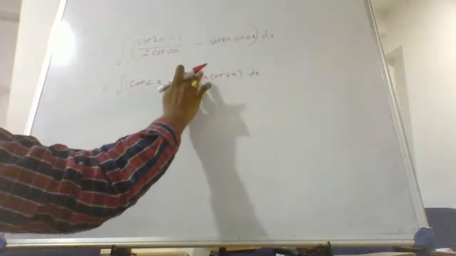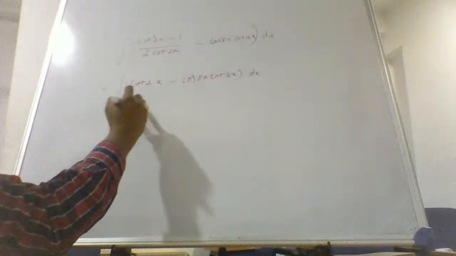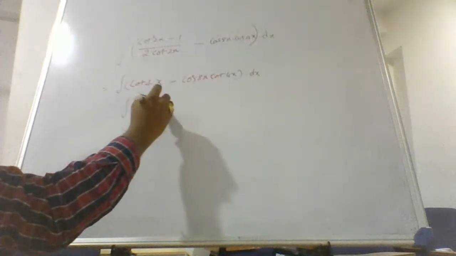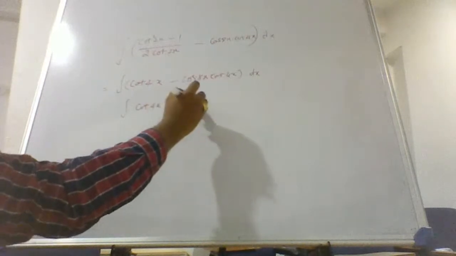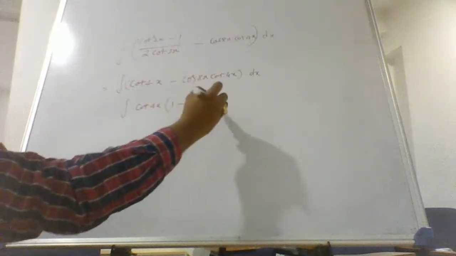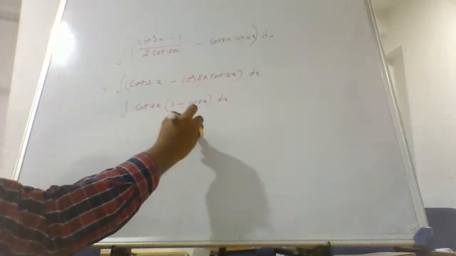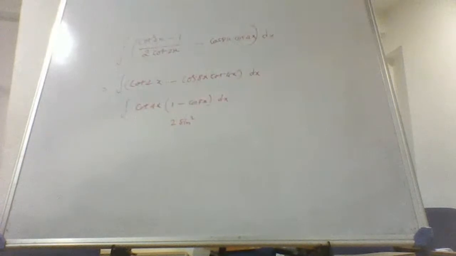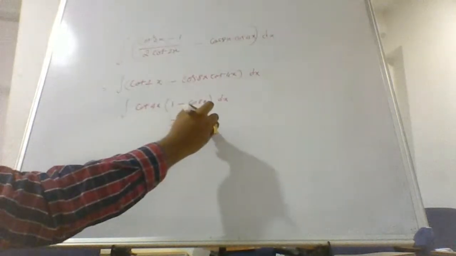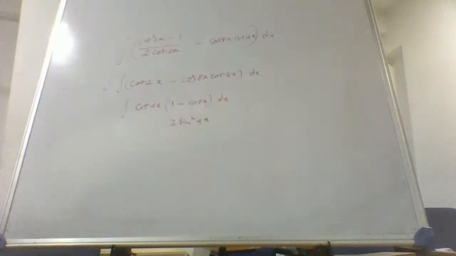So if I take cot 4x outside, I'll be left with only 1 minus cos 8x, dx. Now this will be 2 sine square 4x, because 1 minus cos 2a is 2 sine square a. So that's what I get.